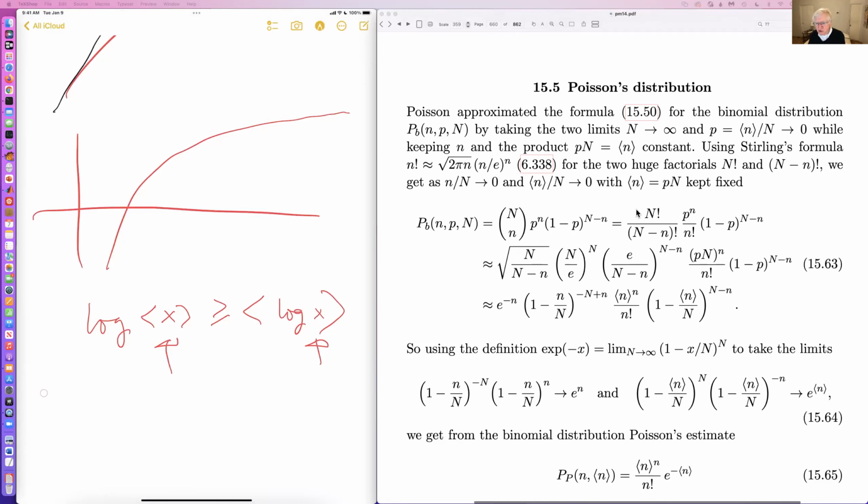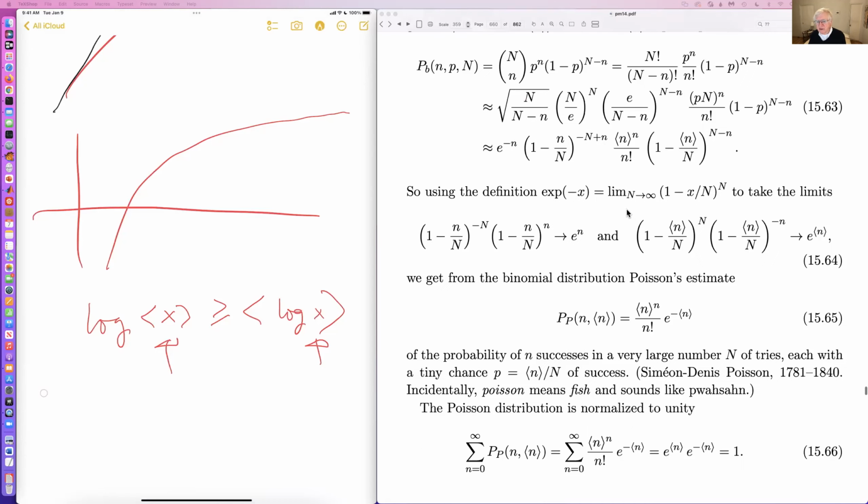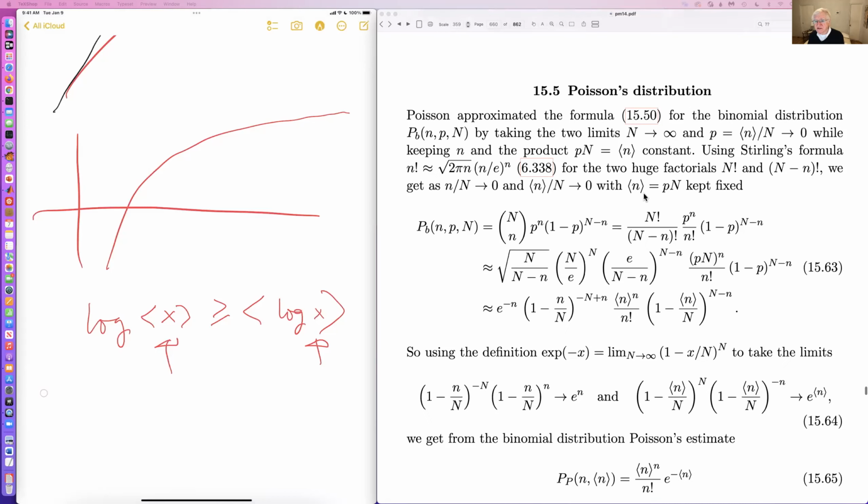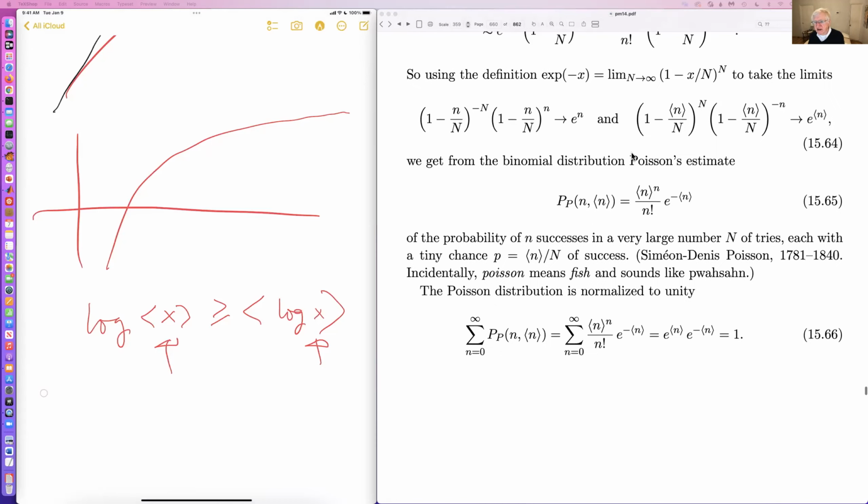And when you do all that, what you get is the Poisson limit of the binomial distribution. And since you've done all these things, the only number left is the average value of n, the average number of successes. And so it's this Poisson distribution.